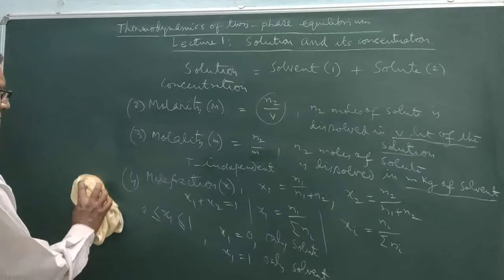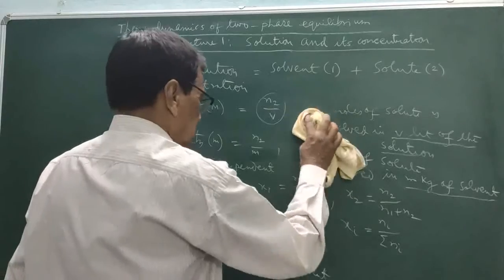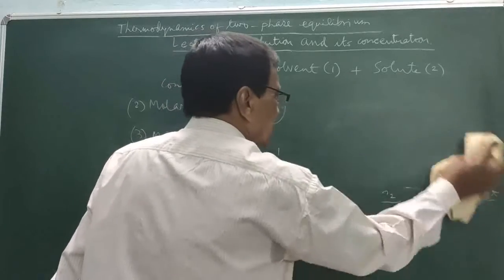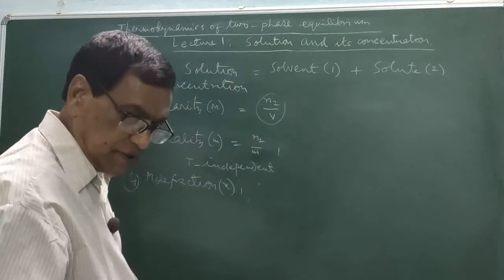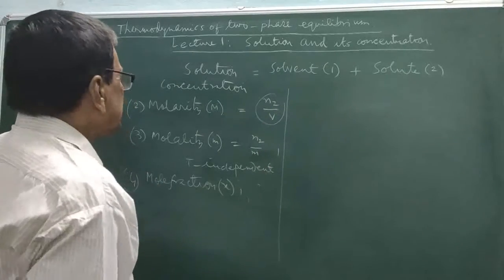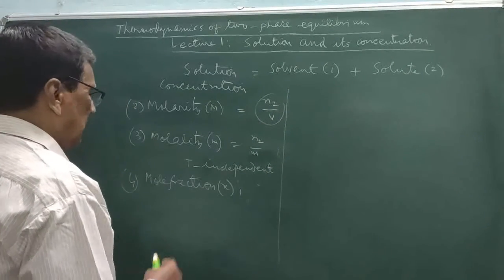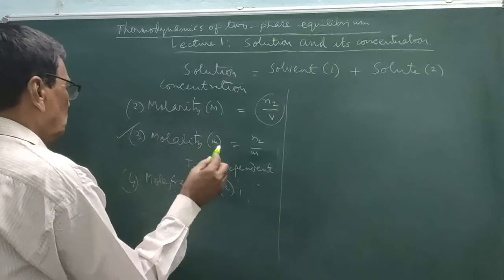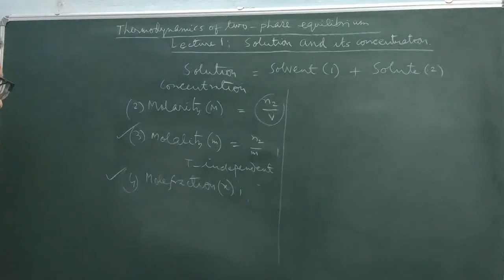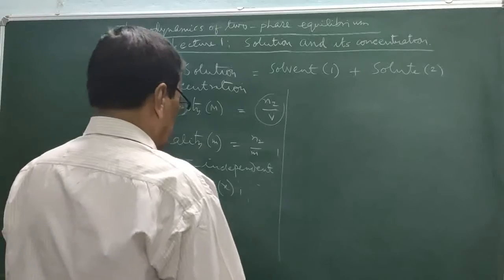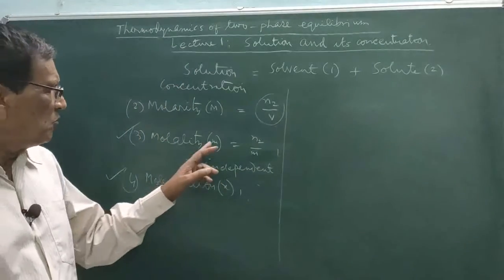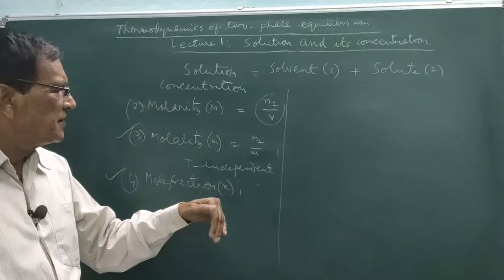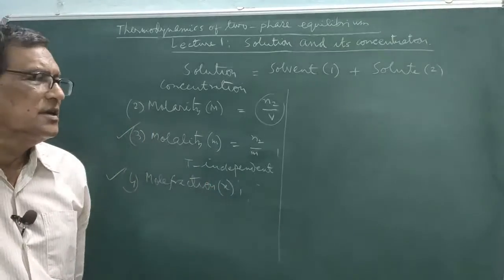You can also have an idea about the interrelations of these three concentration terms. Suppose we would like to have an interrelation between the molality and mole fraction, then it can easily be found. A molal solution means m moles of the solute is dissolved in 1000 gram of the solvent.